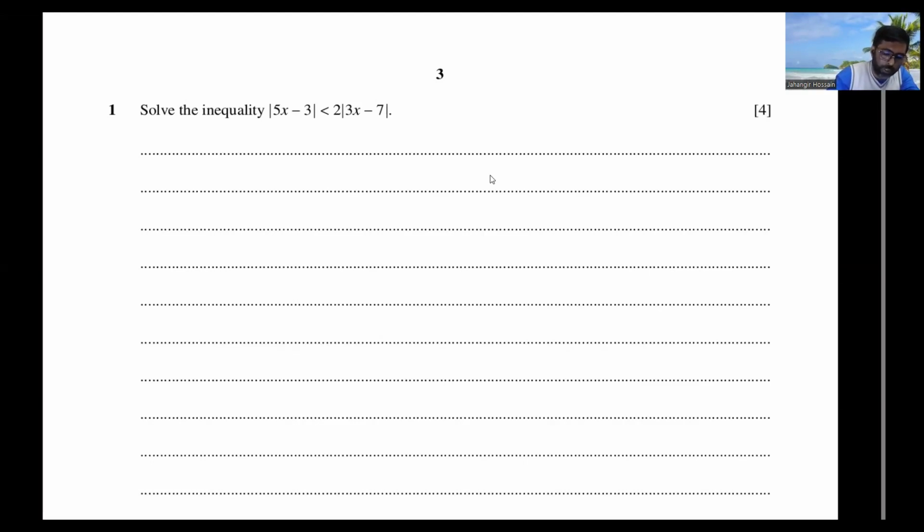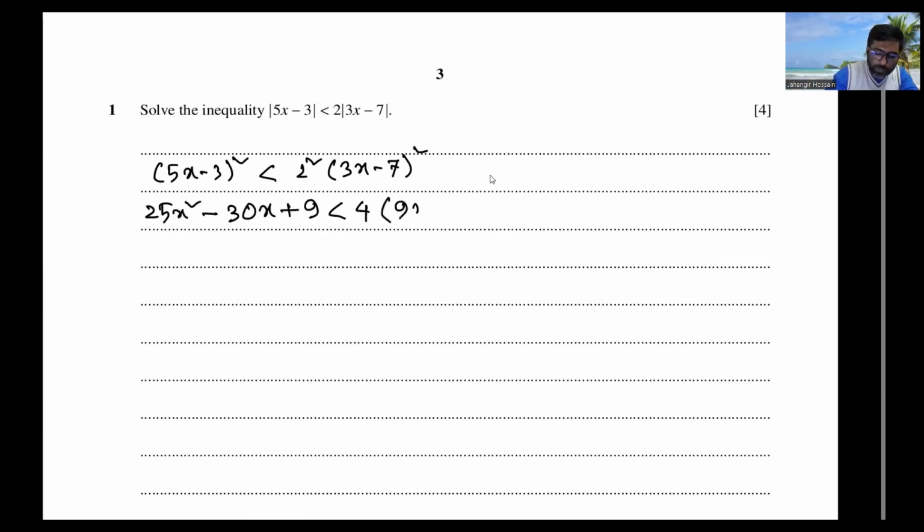Squaring on both sides, you have (5x minus 3) whole squared less than 2 squared times (3x minus 7) whole squared. So we have a quadratic inequality. Let's expand it. 25x squared minus 30x plus 9. On the right side, we have 4 into 9x squared minus 42x plus 49.